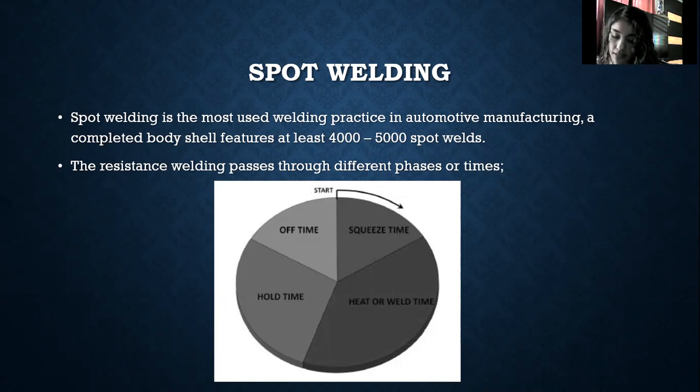Then the second phase is the welding time, and the current. Here the welding starts, and the current flows from the upper electrode through to the lower electrode, and between them there is a part. Anyway, I will show a figure later.